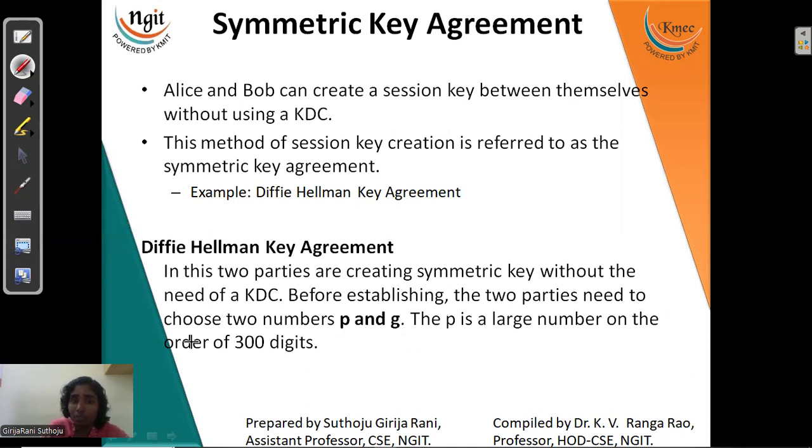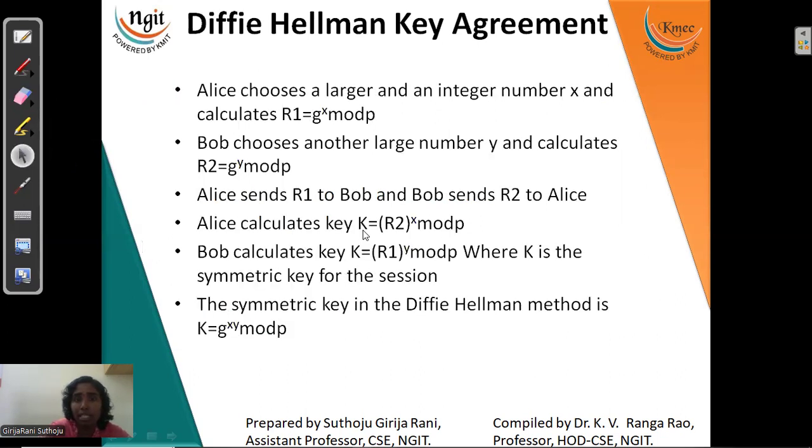Now for this purpose, we have to choose two numbers, that is P and G. P is any large number. It can be up to 300 digits. Okay. Then G is any global value. So it may be any number which is going to be calculated by us, right?